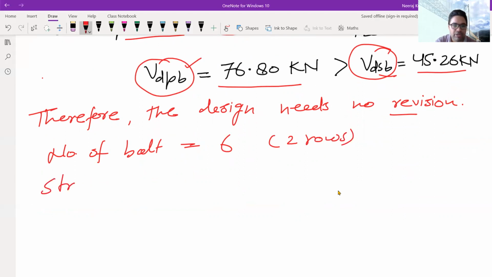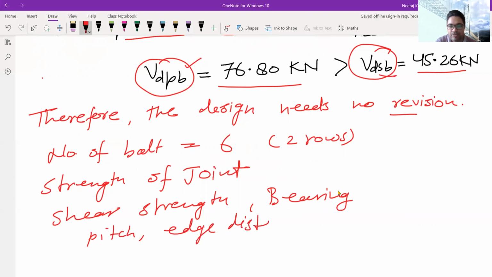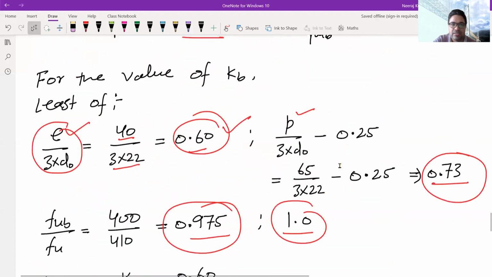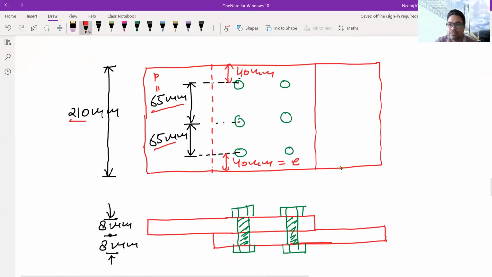The strength of joint is also calculated, and shear strength calculated, bearing strength also calculated, pitch also calculated, and edge distance also calculated. So all those things are calculated, and I have also shown this in the diagram. So here you can see this is our design. Okay, thank you.